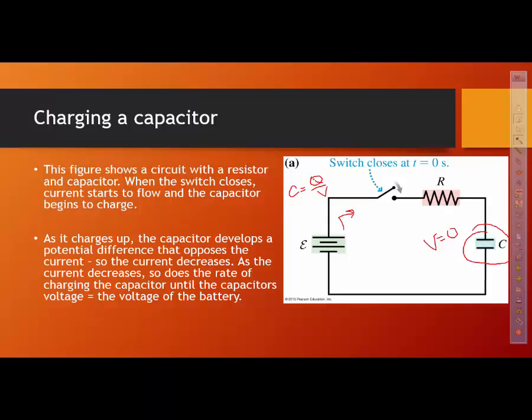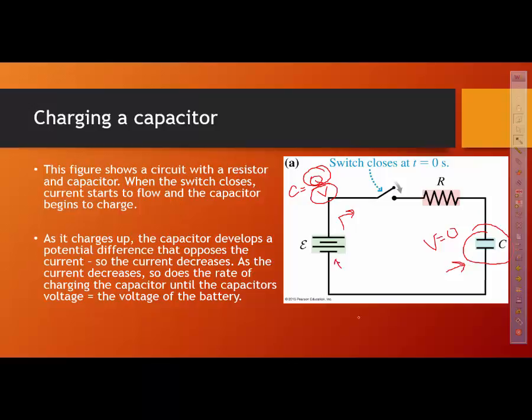When my capacitor is fully charged, when it has received the maximum amount of charge it can hold, the potential across the capacitor will equal the potential of the battery. When that happens, there won't be any more opportunity for the current to flow through the circuit, and so the current will stop.